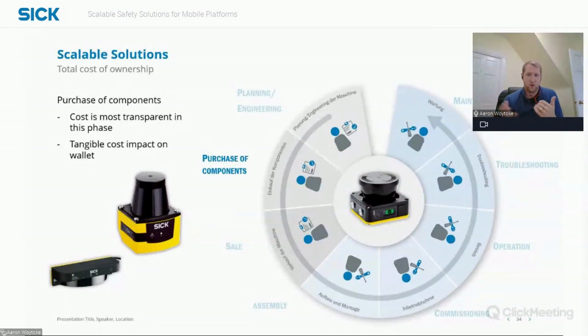It can range anywhere from low cost, low feature devices like a ScanGrid 2 to higher cost, high feature devices like a microScan 3. So this is, again, where it's tangible, and this is where costs are most relevant for people, but a very, very small portion of this machine life cycle.